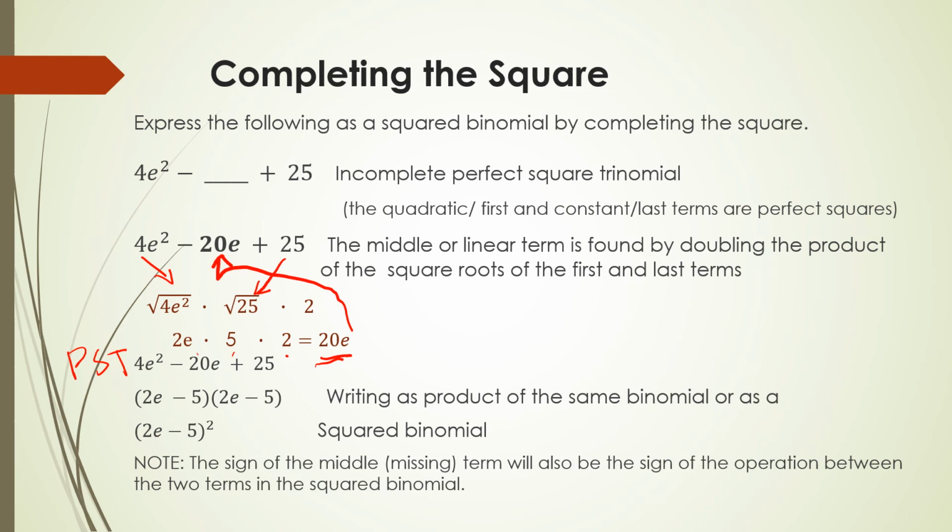Note, the sign of the middle term is also the sign of the operation between the two terms in the square of binomial. Okay? So, kung ano yung sign ni middle term dito, yun yung sign dito sa square of binomial.